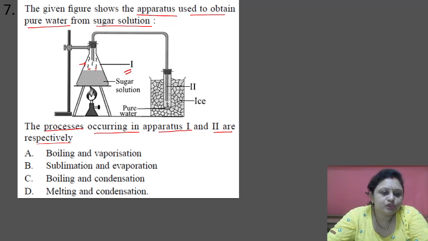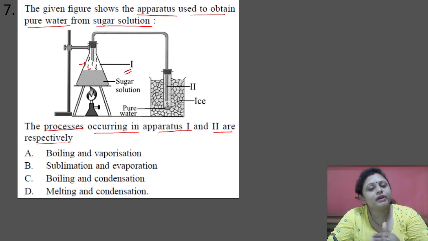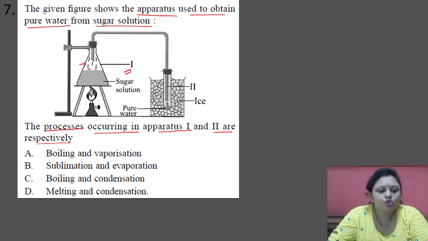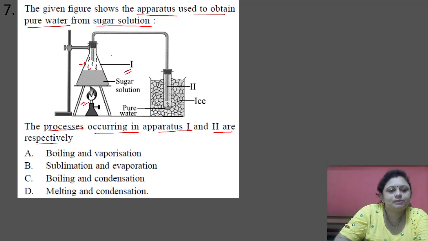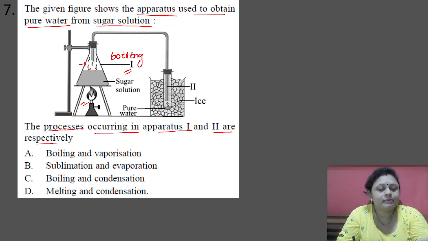The sugar solution is there, and from there vapors are forming. So what could be that process? Here the sugar solution means sugar plus water. So that water will be converted to water vapor. We are giving heat, right? So this process is boiling. After getting that heat, the water is converted to water vapor. So the name of the process is boiling.